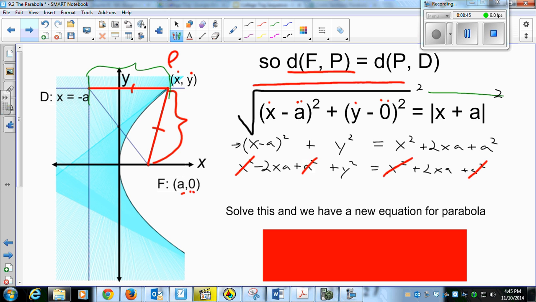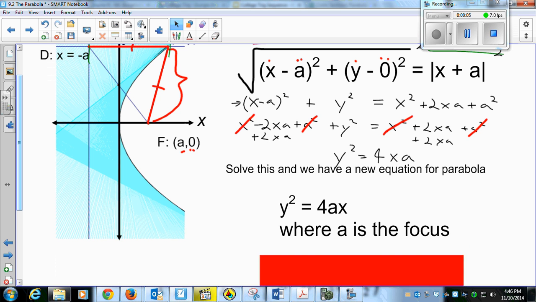Then careful on this one, if I get Y squared by itself, I add 2XA to both sides, and I'm left with Y squared is equal to 4XA. So if we rearrange that a little bit, we end up getting this equation. Y squared is 4AX, just switching X and A there, where A is the focus.